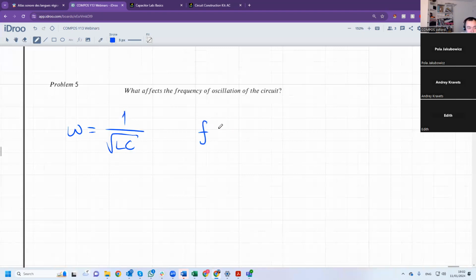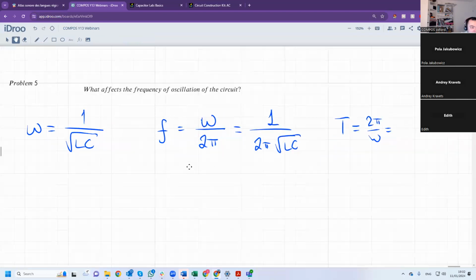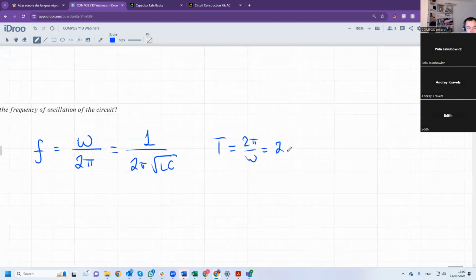That means frequency is omega divided by 2 pi. So that's 1 over 2 pi square root of LC. Or time period is 2 pi divided by omega, and that is 2 pi square root of LC.